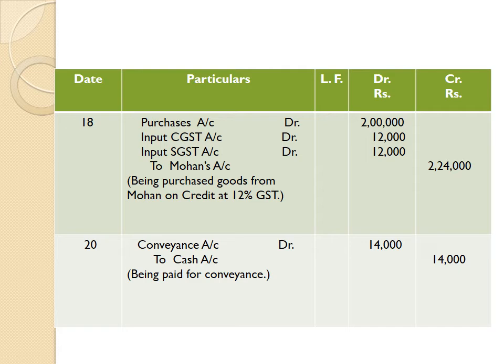In other words, there are 4 active slabs of GST. First is 5%, second is 10%, third one is 18%, and fourth one is 28%. It means that in India, highest rate of GST is 28%. The rate can be determined on the basis of nature of item of goods as well as services.